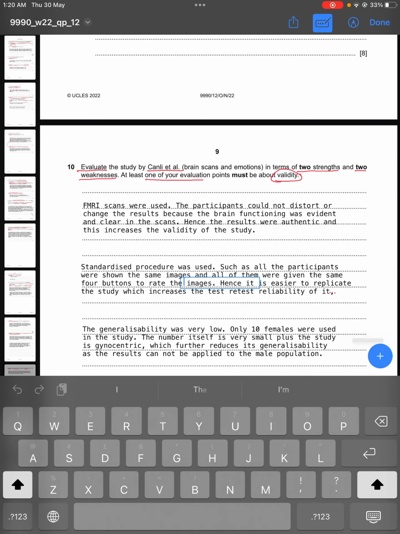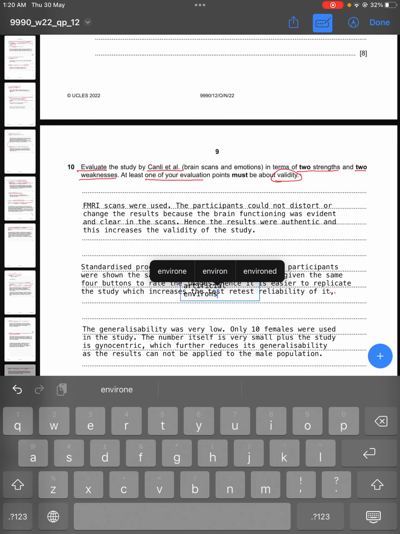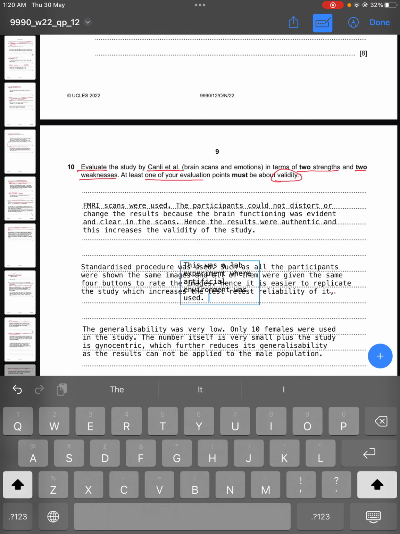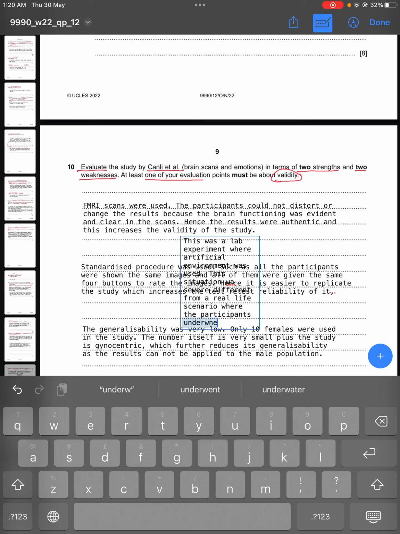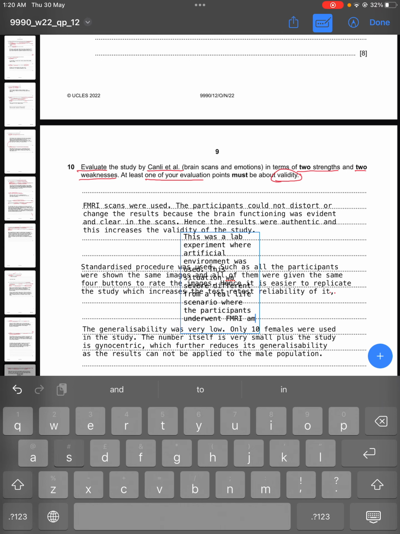Apart from it, another weakness was that this was a lab experiment where an artificial environment was used. The situation was very different from a real life scenario where the participants underwent fMRI machines.